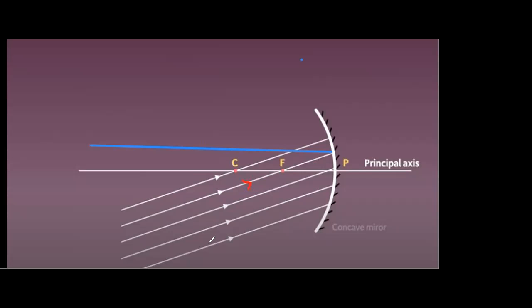So what will happen to the blue line? Don't you think the blue line should be the reflected ray now? Yes or no? Tell me, Ragini, Purvi, Madhur. Yes, it will be the reflected ray, right? It is the same. Agree.